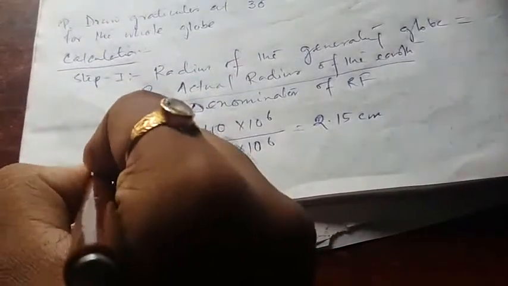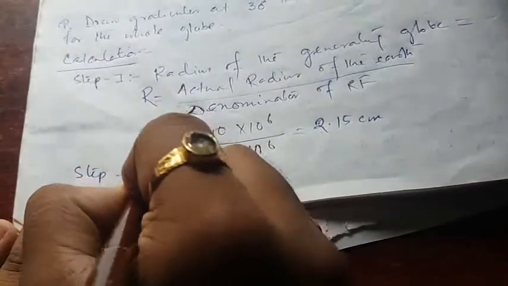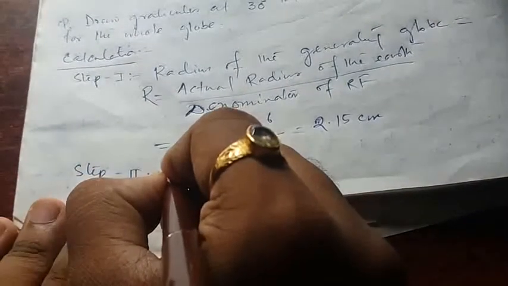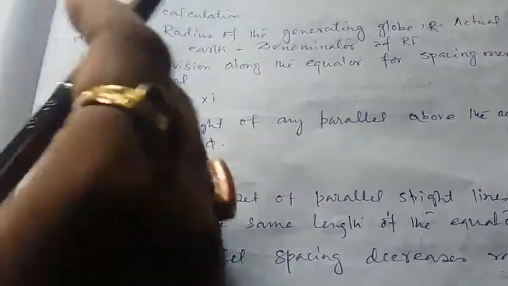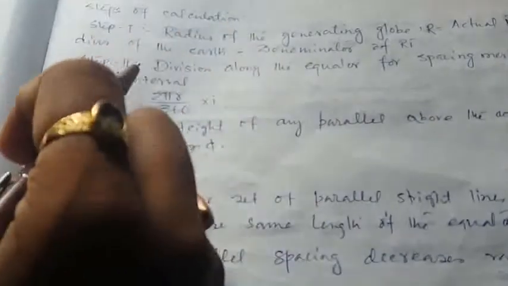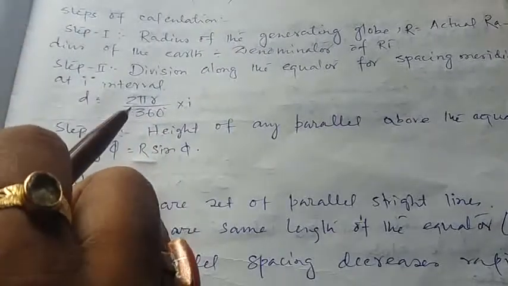In step 2, we will calculate the D. Now what is D? In the earlier description part, I discussed what D is: division along the equator for spacing meridians at I degree interval.